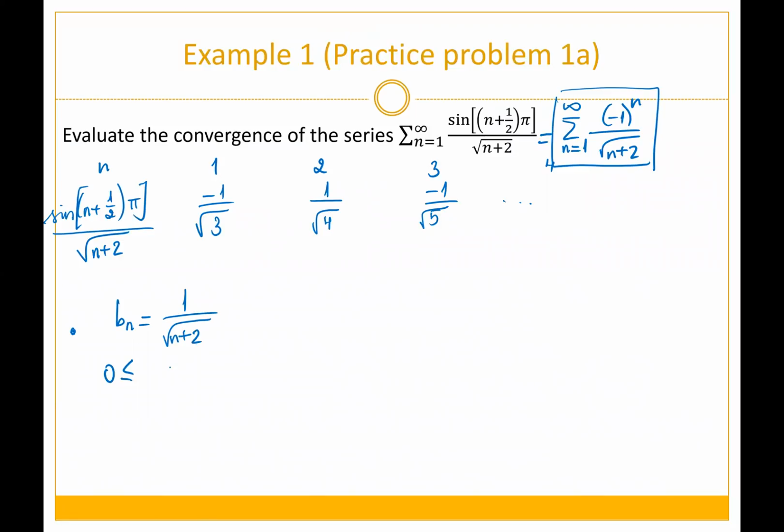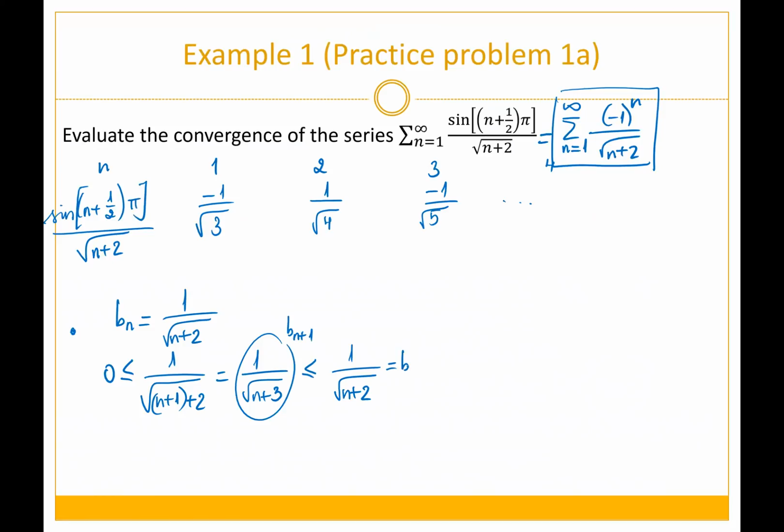Then you need the n plus 1 term, which is n plus 1 plus 2, which is 1 over square root of n plus 3. And clearly, this one is smaller than or equal to 1 over square root of n plus 2. This is the Bn plus 1 term, and this one is the Bn term. So one condition is satisfied.